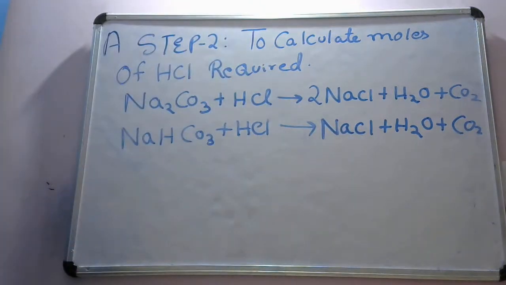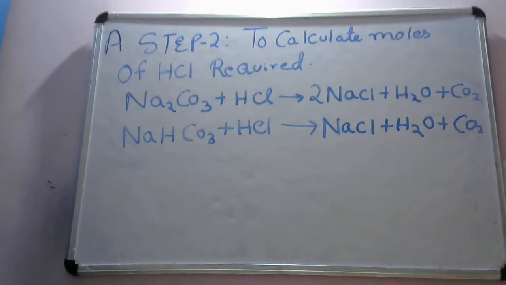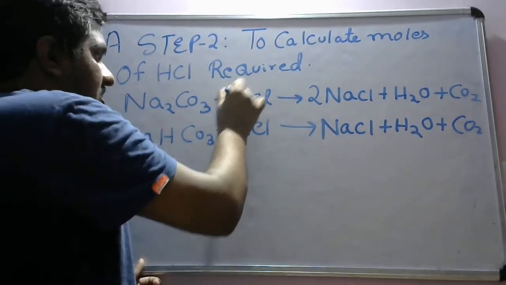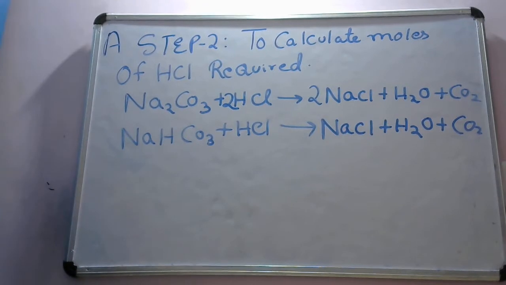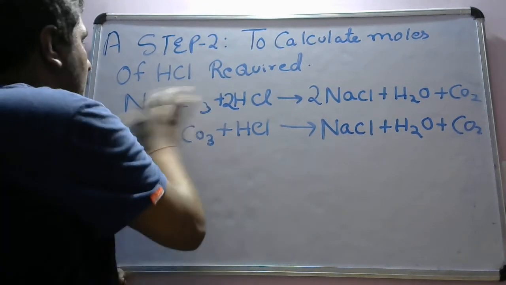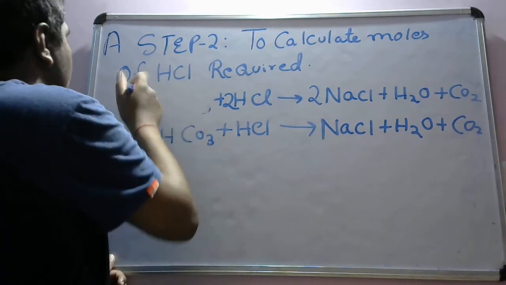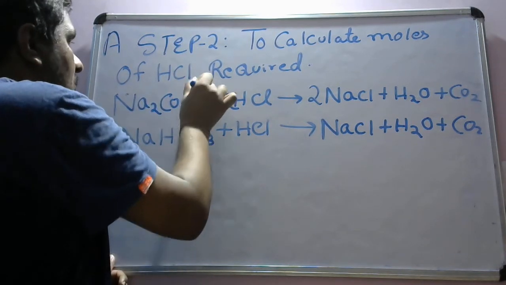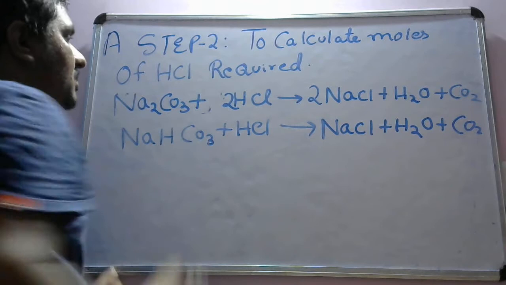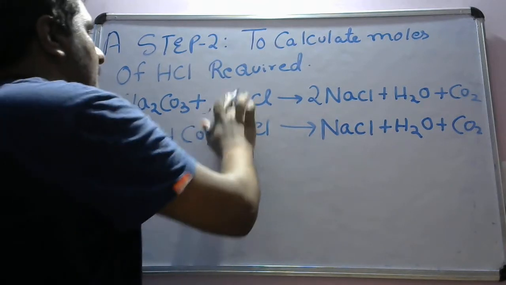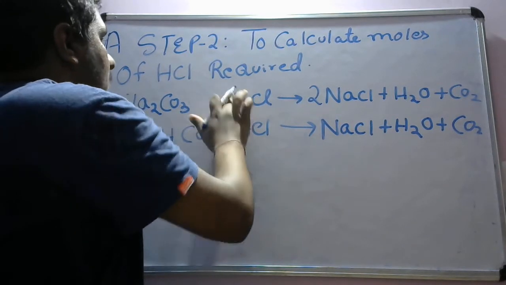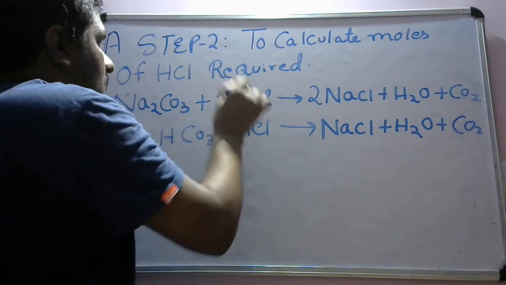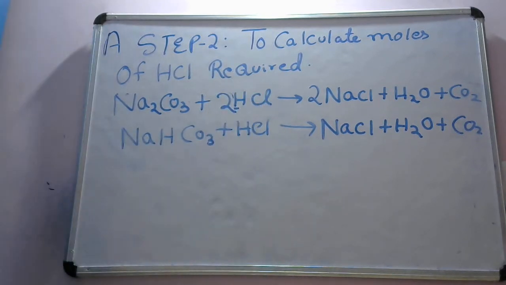We must ensure that it is balanced. You can check whether the reaction is balanced or not. Here we have to add a 2, then only it will be balanced. To solve questions on stoichiometry, we must balance the reactions. It is very, very important. So both our reactions are balanced.